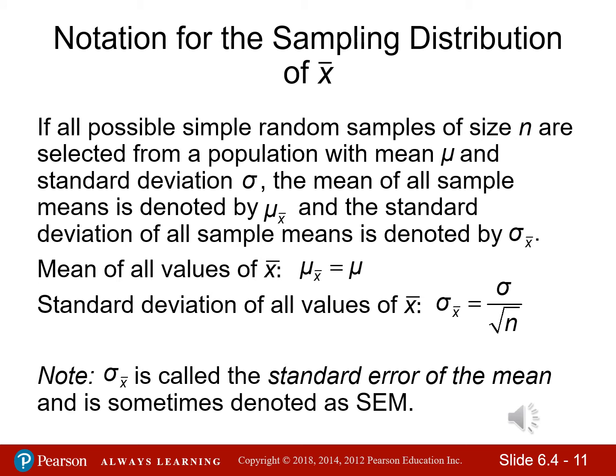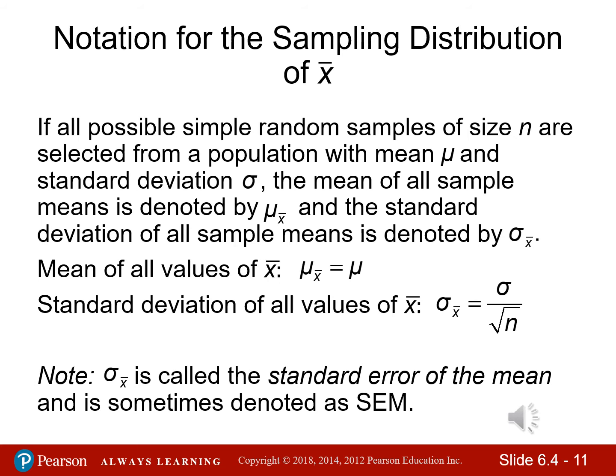Let's review some notation for the sampling distribution of X bar. If all possible simple random samples of size n are selected from a population with a mean of mu and a standard deviation of sigma, the mean of all sample means is denoted by mu of X bar, and the standard deviation of all sample means is denoted by sigma of X bar.